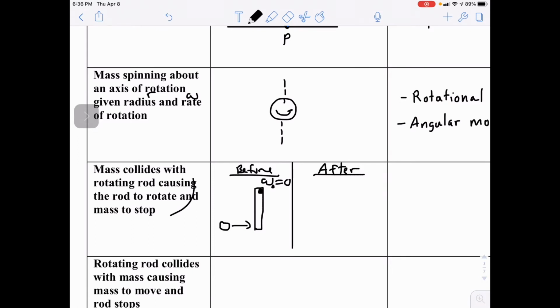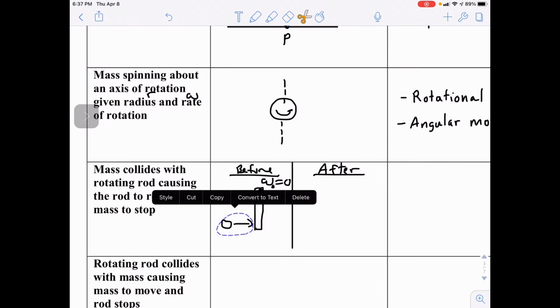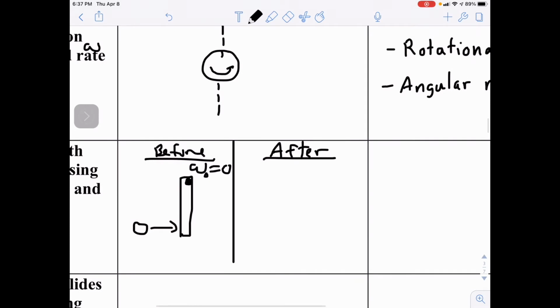It doesn't say in the scenario where it's going to collide. Just for simplicity, I'm going to say it's going to collide at the end. But really, this problem is the same concept no matter where it strikes the rod. It says that it causes the rod to rotate and the mass to stop. So after the collision, the mass stops, and the rod rotates upward with angular velocity omega.